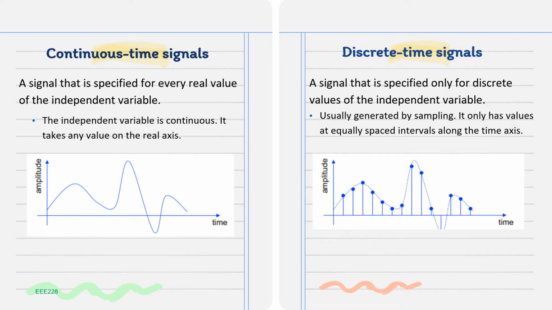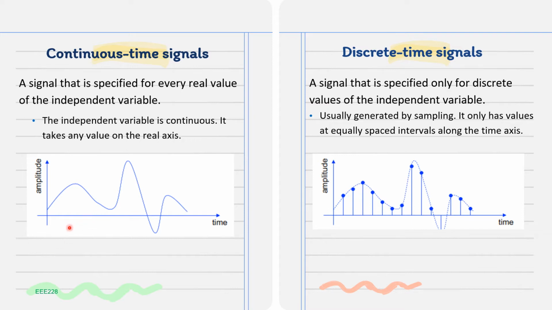So here are some examples. When we say continuous time signals or discrete time signals, it is referring to continuous or discrete values of the time. We usually plot the independent variable horizontally, on the x-axis.